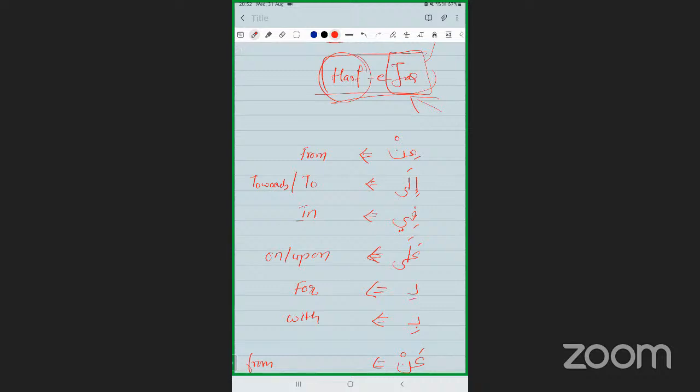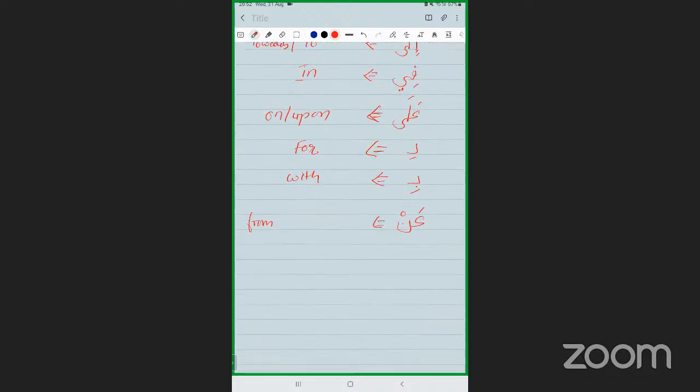Although when they mix with some other word, maybe a verb or a noun, they change the meaning. Their meaning is not fixed because they don't have their own meaning. So sometimes it means from, sometimes of, about, away from, it can mean many things.